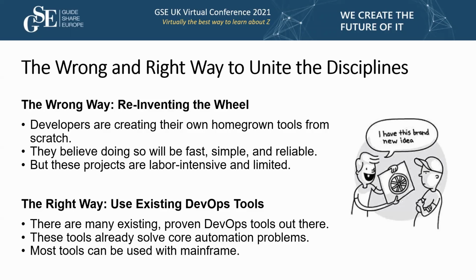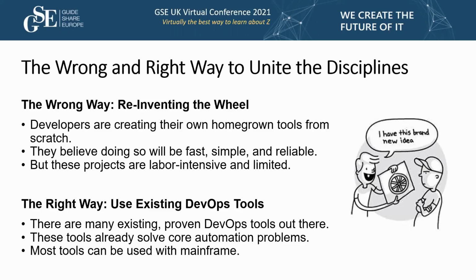Now, like I said, this is an understandable approach and it's not anyone's fault, but thankfully there's a simple solution to this problem and a better approach. While there are not a lot of great DevOps for mainframe tools on the market, there are tons of great general purpose DevOps tools on the market. And even though these great general purpose DevOps tools were not designed especially for mainframe, most of them can still be adapted for use within mainframe environments.